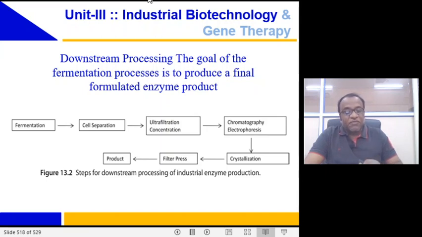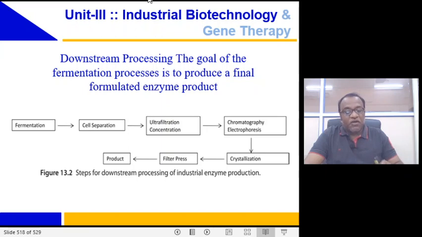Still, the maximum production rate could be the most important factor. So for any company looking at production of enzymes through fermentative approaches, maximum production rate will be the most important factor.